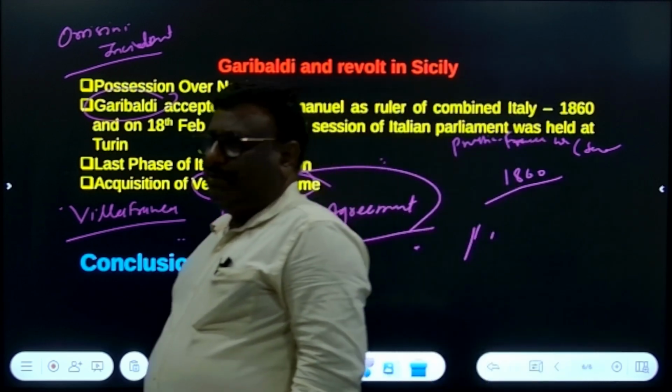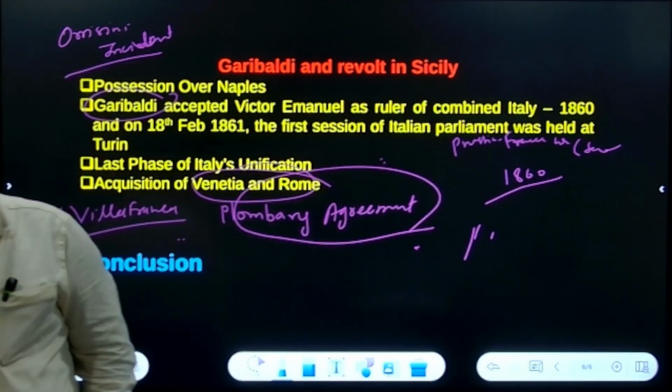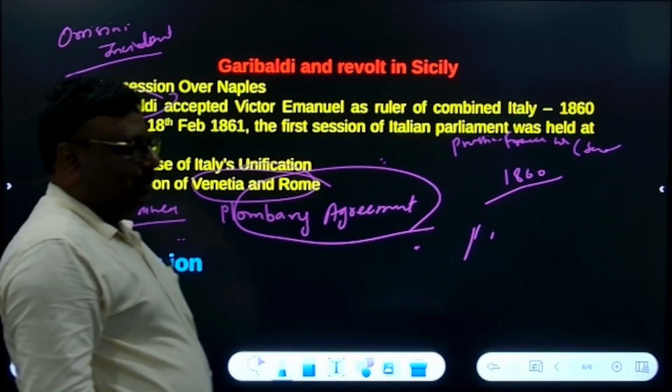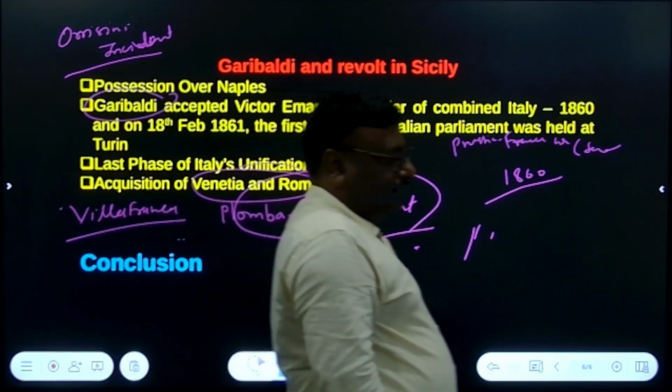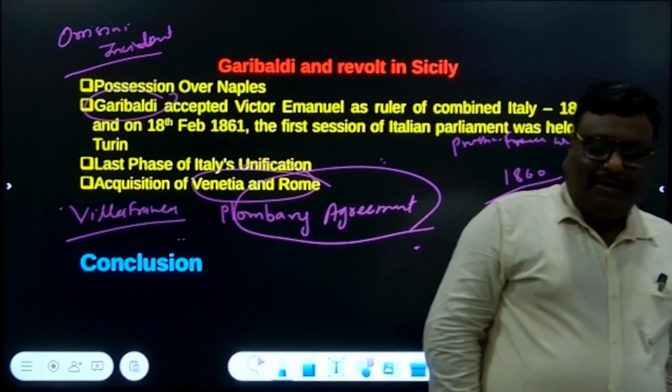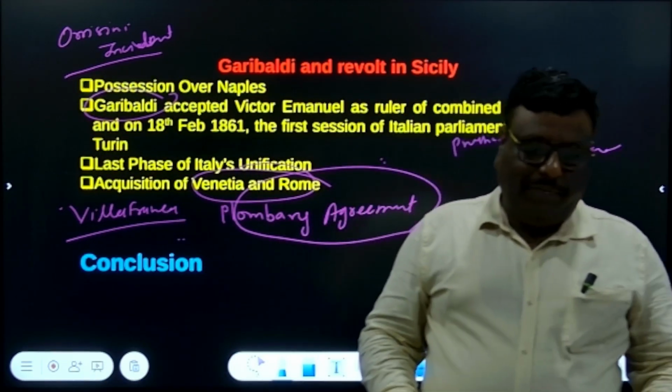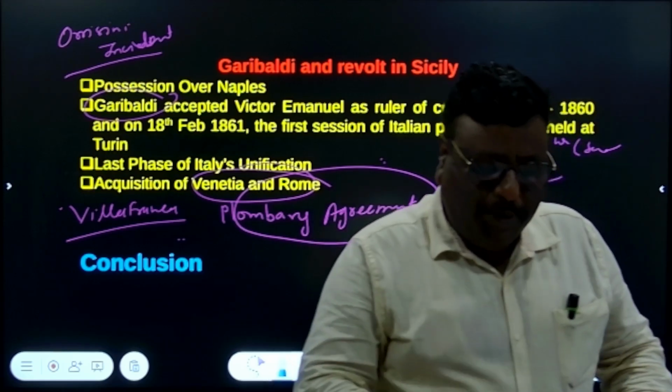It means by 1870, the unification of Italy was completed, the capital of Italy was shifted to Rome, and in this way the entire unification of Italy was completed.